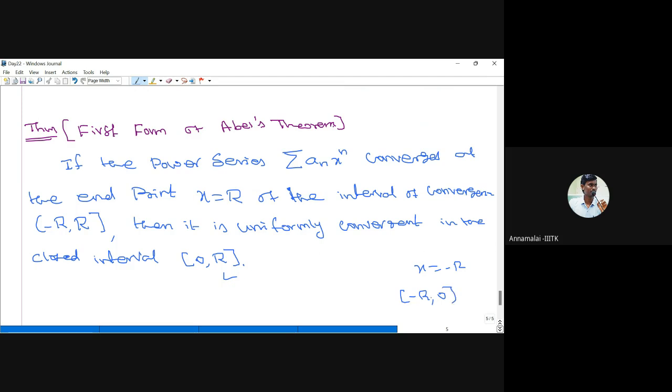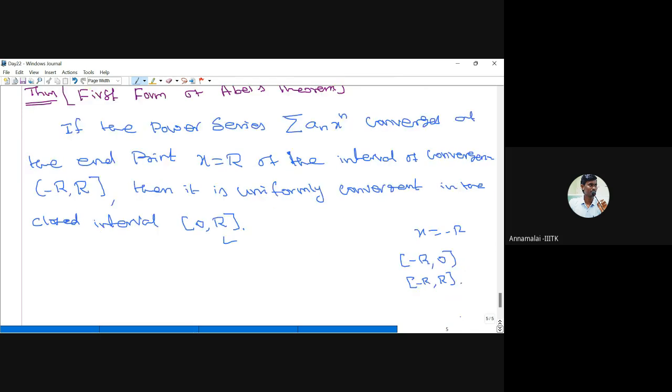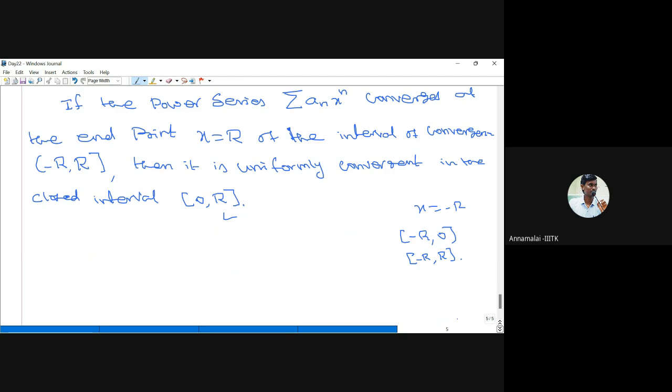Suppose it converges at both endpoints minus r and plus r, then it is uniformly convergent on this whole interval. Okay, provided the series converges at both the endpoints. Because already you know that a function continuous on the closed interval a comma b is uniformly continuous. Same thing here. Okay. Now, what is the second form of Abel's theorem?